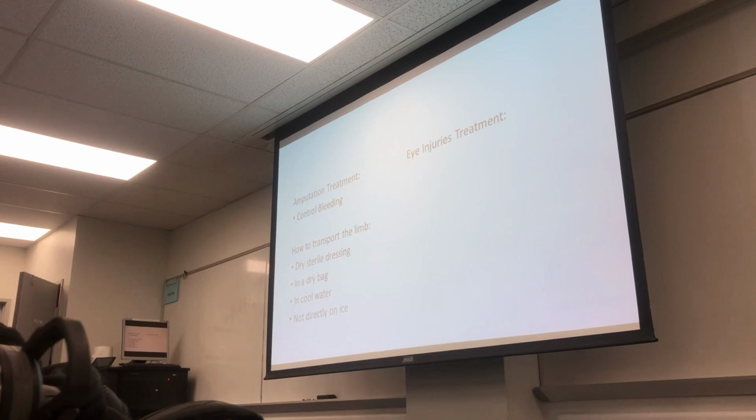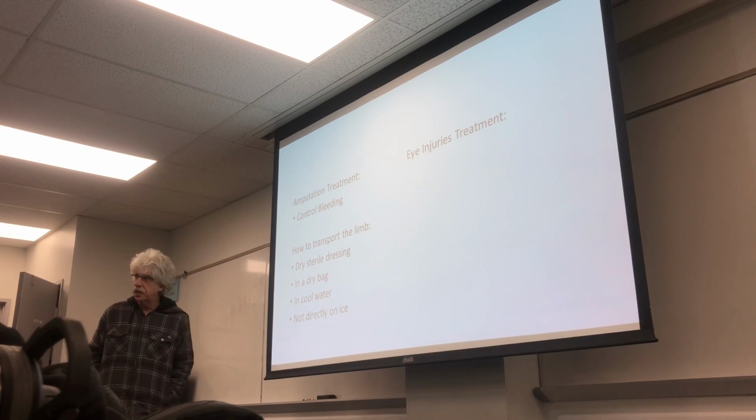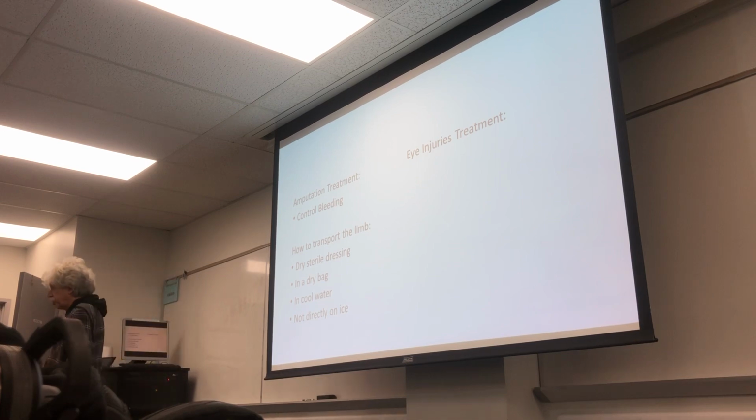Eye injuries, remember, you put very little pressure, if any, on the globe of the eye. Inside the eye is a jelly-like substance called vitreous humor, and if you put pressure on it, that stuff will come out, and then the eye has to be removed.